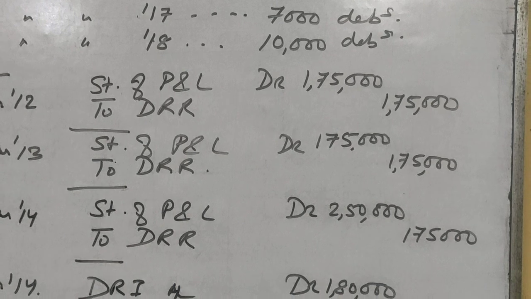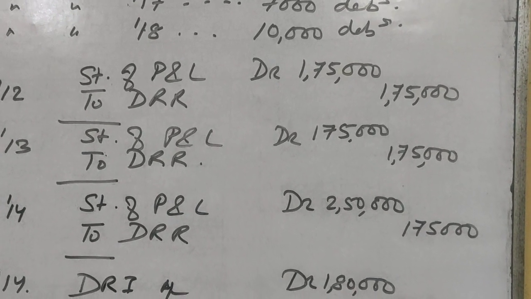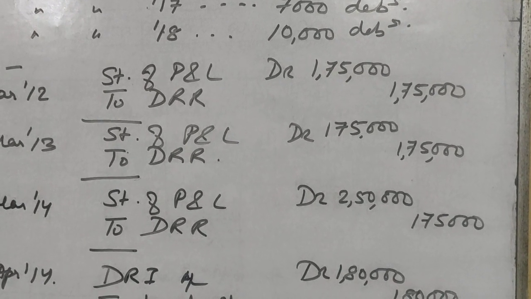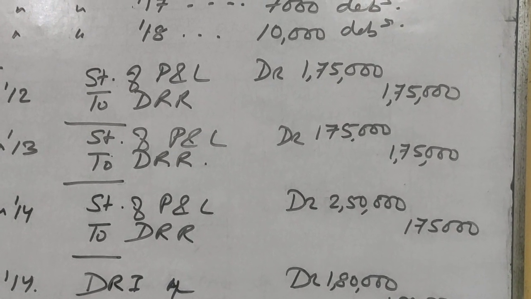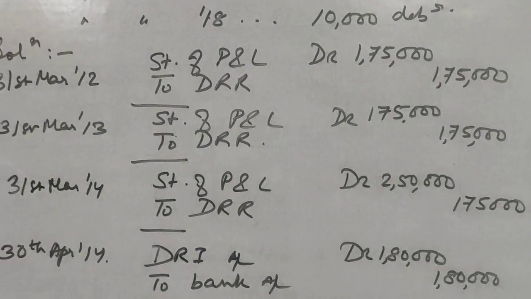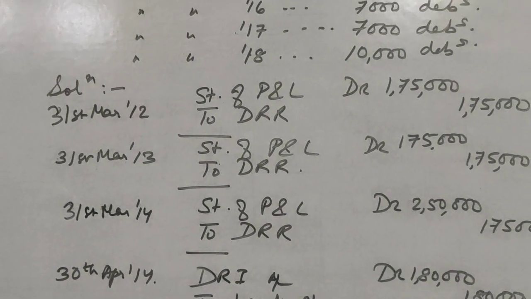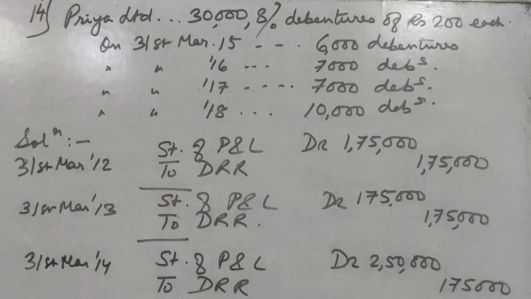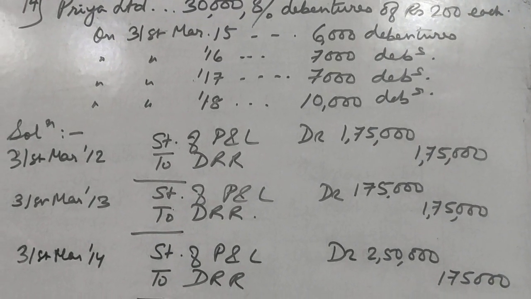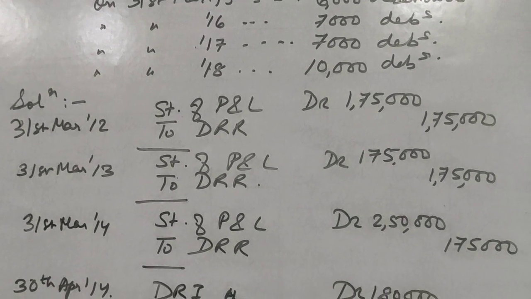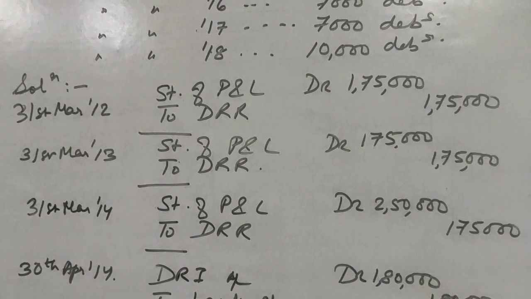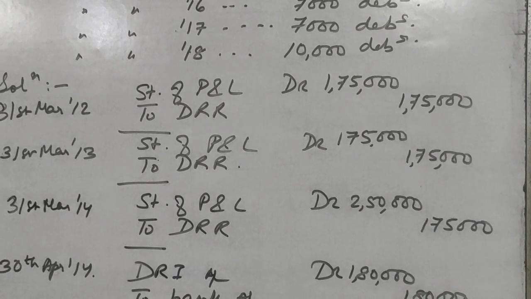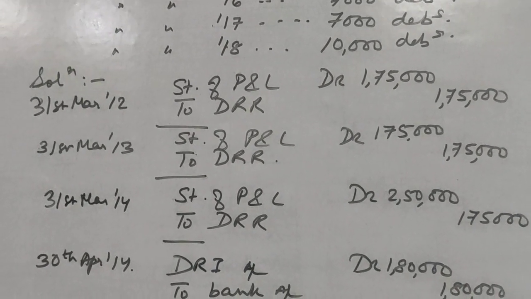So we have to make another 2,50,000 of debenture redemption reserve: 6 lakh minus 1,75,000 and minus 1,75,000. That we will make on 31st March 2014, because the redemption is starting from 31st March 2015.